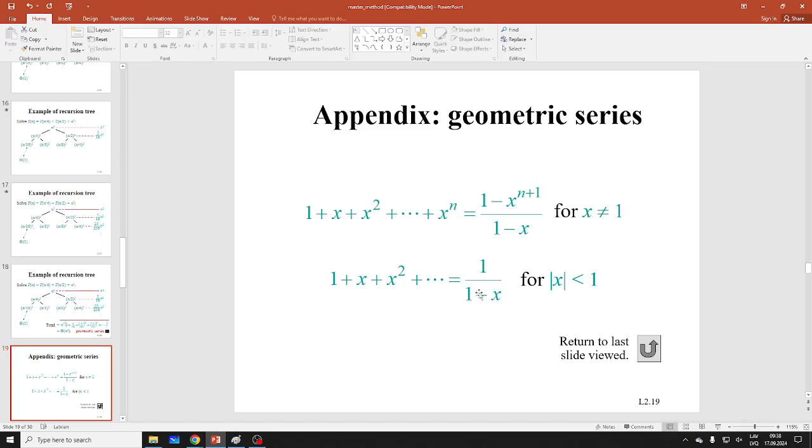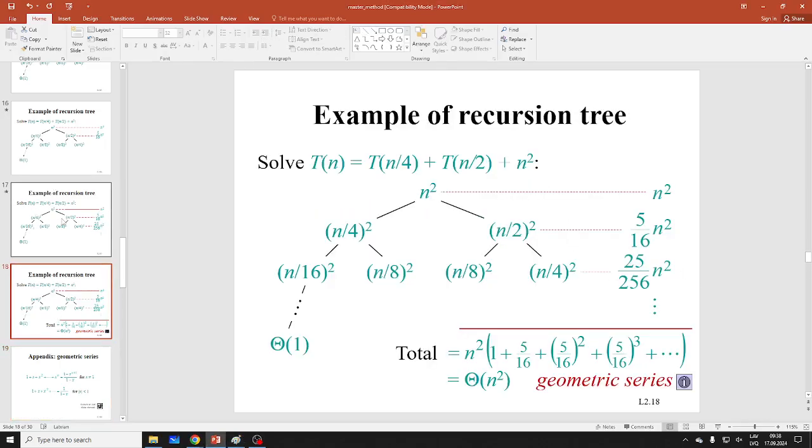So the answer would be 1 over 1 minus 5/16, which is 11/16 reversed, so it's 16/11. The whole progression, including the 1, is 16/11, less than 2, like I said.